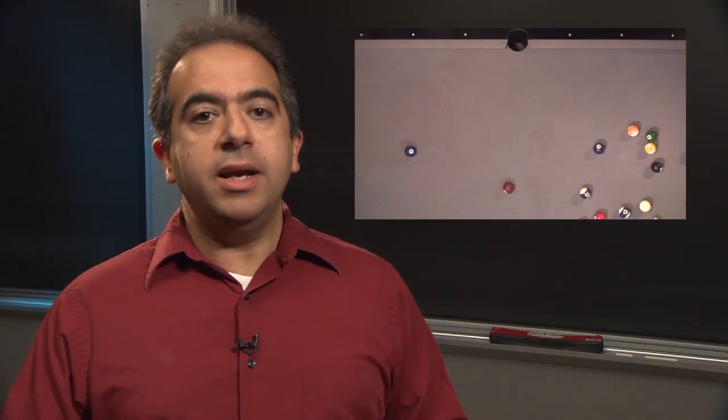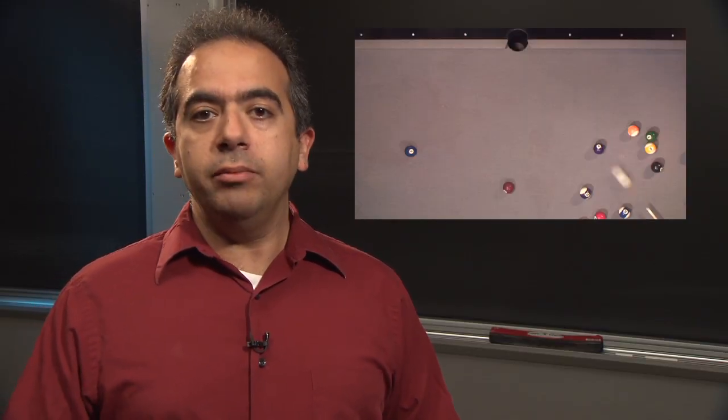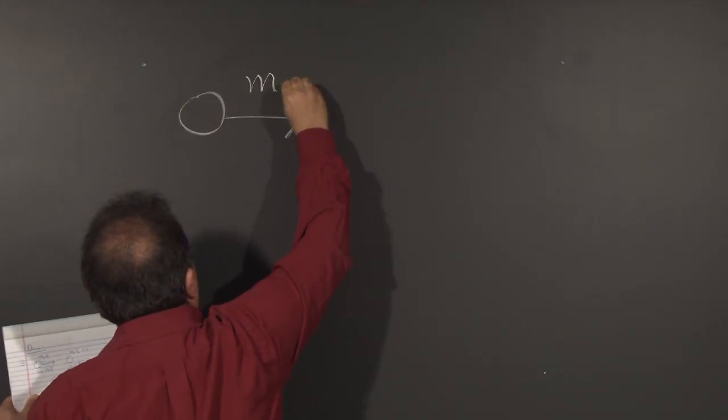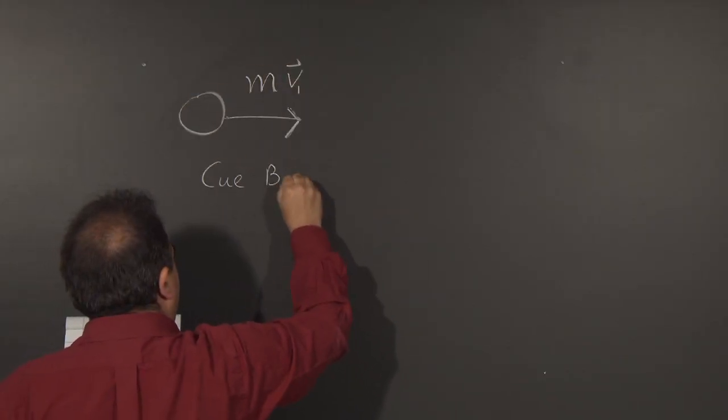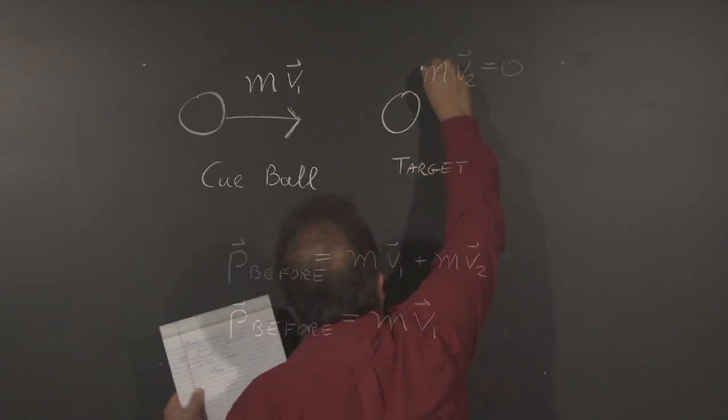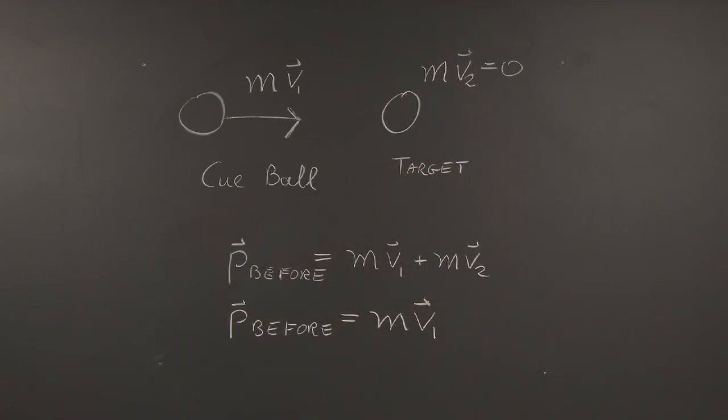In our straight shot, we had this one billiard ball, which had some initial momentum, about to strike the other billiard ball, which wasn't moving. If you look at the total momentum of the system, you would have to add up the momentum of the moving ball, the cue ball, and the momentum of our target billiard, and that momentum would add up to some number.